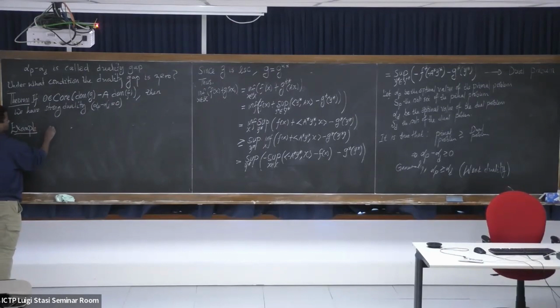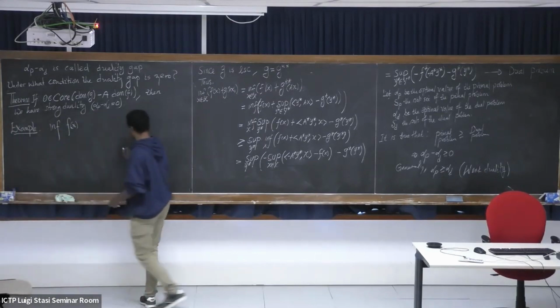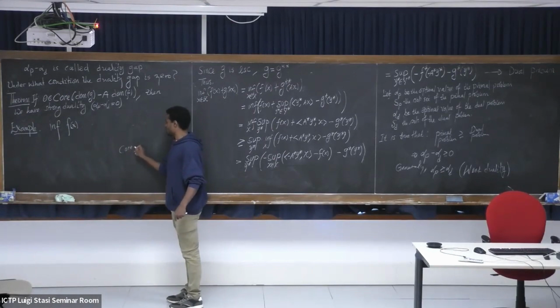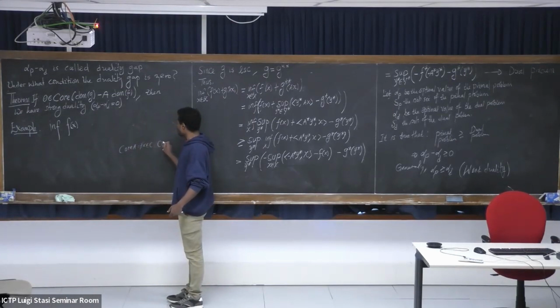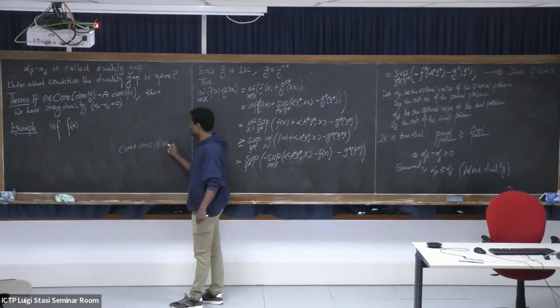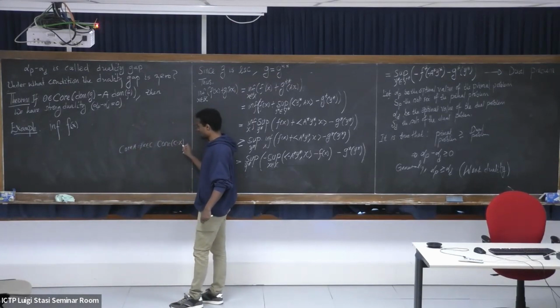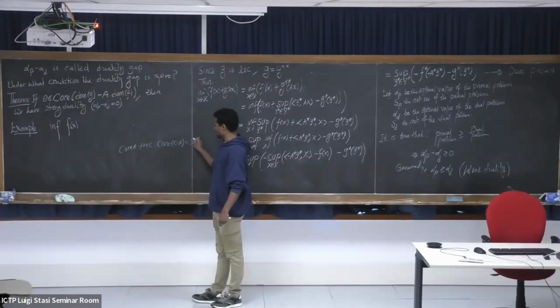For example, what is the core of a set? The core of a set C is the set of all X in C such that the cone of C minus X is the whole space.